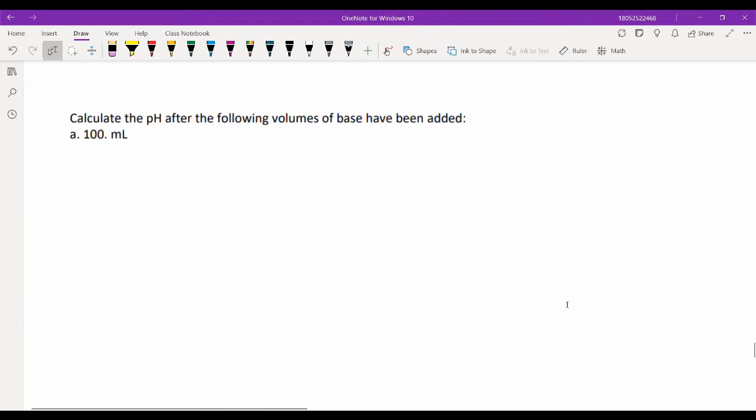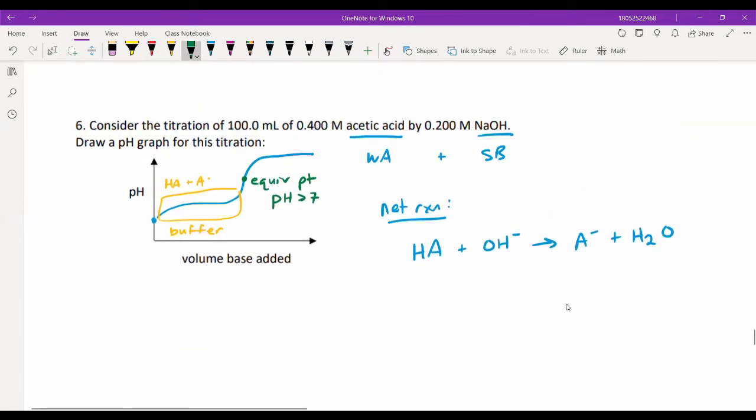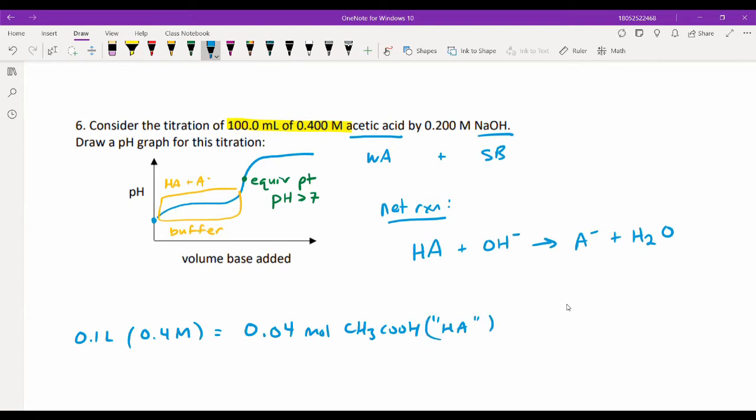like we did with the strong acid and strong base titration. So we are starting with 100 mL of 0.4 molar acetic acid. That's 0.1 liters times 0.4, which is 0.04 moles of acetic acid, which we can again just call HA to make it a little bit shorter.